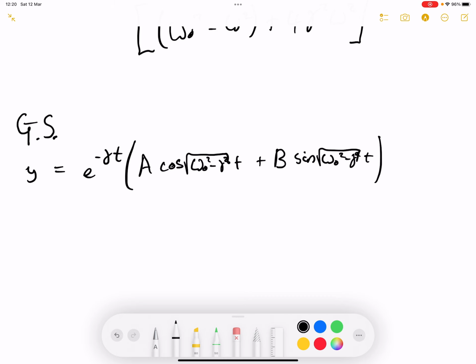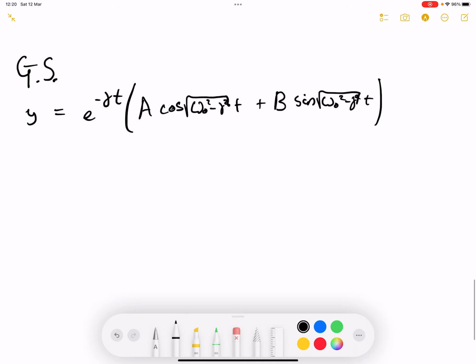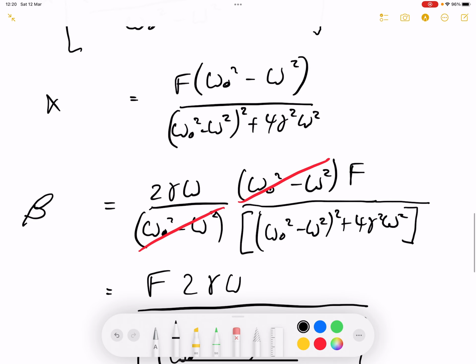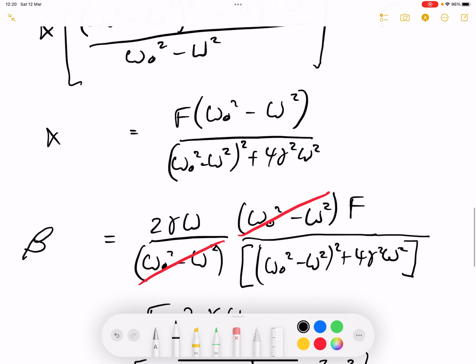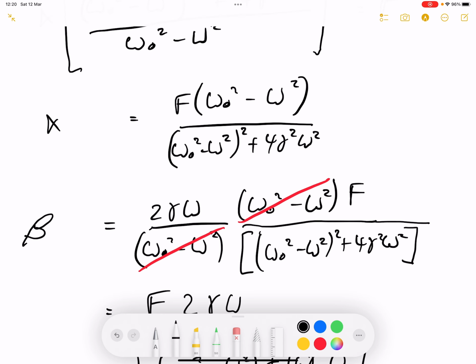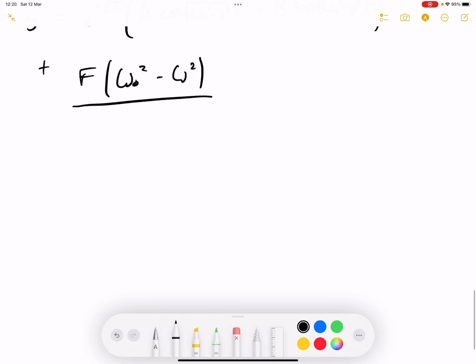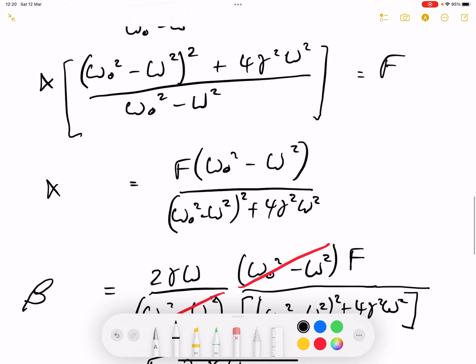So that's my transient part. Plus, let's do some alphas and betas. So alpha was, what was alpha? Alpha was f omega naught squared minus omega squared over, I think it was, what was alpha?